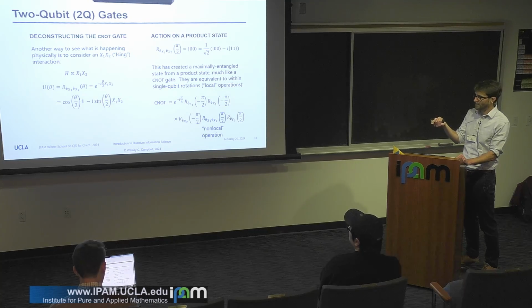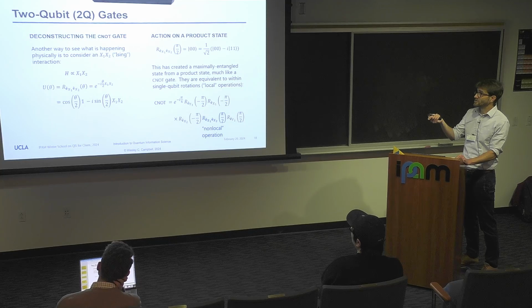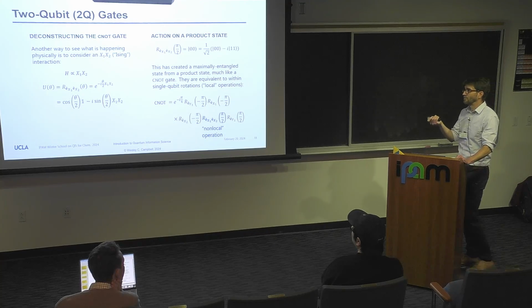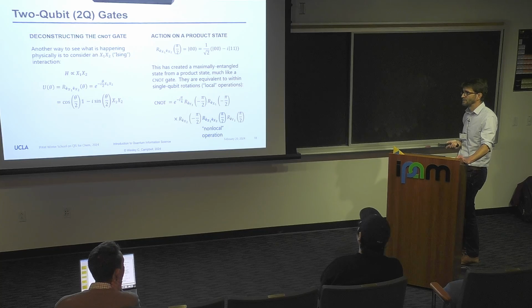And we end up with something that looks like this, where we have identity minus something times this kind of non-trivial operator. If I look at what happens when I apply that to a product state, an unentangled state like 0, 0, if I let it go for pi over 2, what I get is a maximally entangled state. So the controlled NOT gate can take you from a product state to a maximally entangled state.